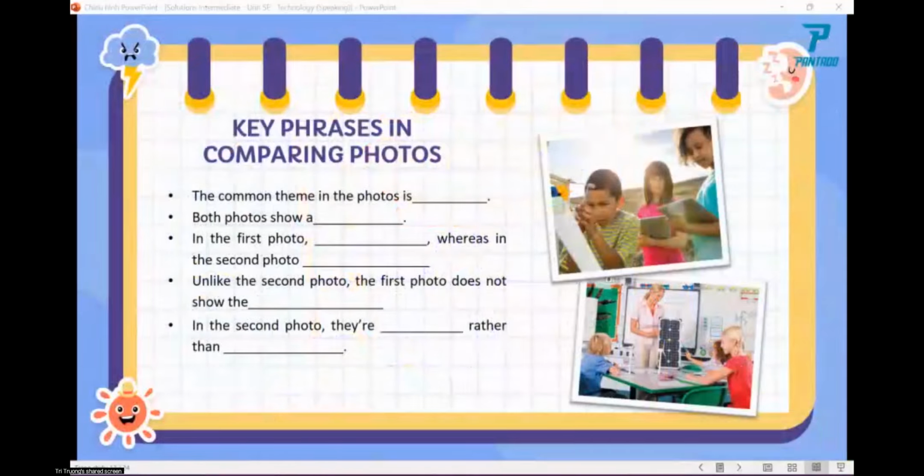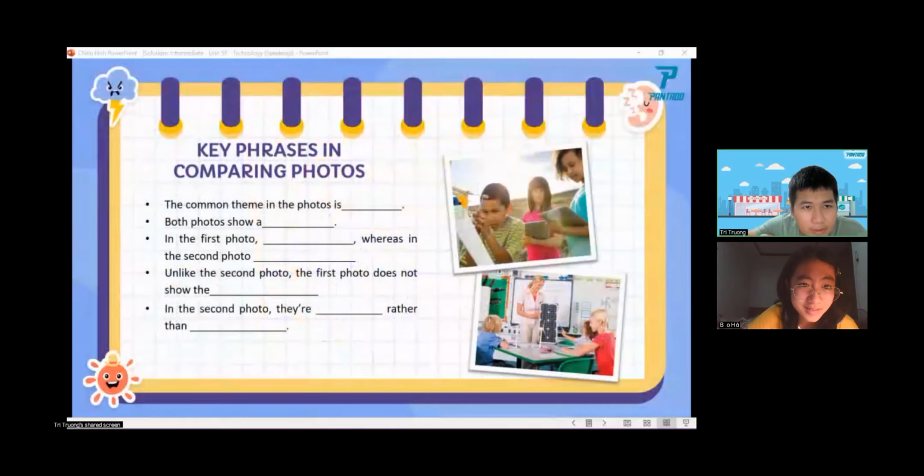Students are very focused. Học sinh rất là tập trung. Can you say that louder? Em nói lớn hơn được không? Thầy nghe chưa rõ. The students are very concentrated and excited. Okay, both photos show concentrating and exciting students. Okay, những bức tranh đều có những học sinh tập trung và hứng thú với bài học.